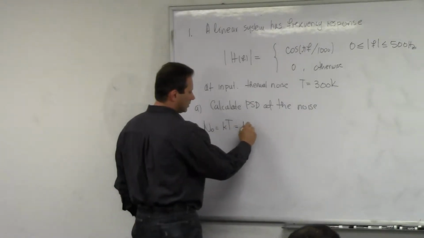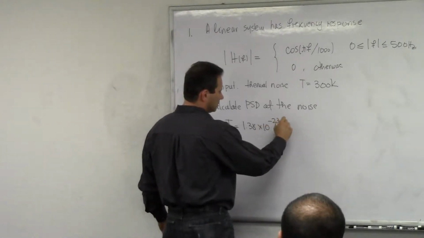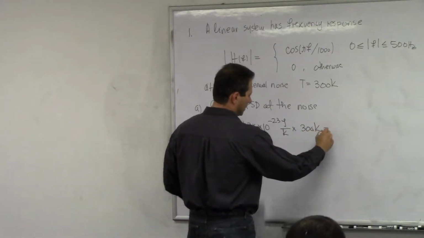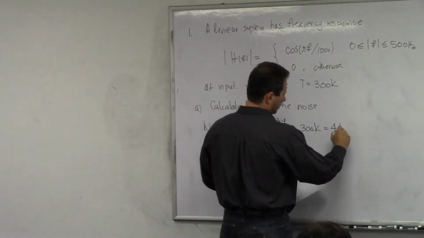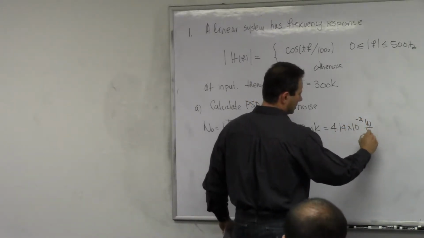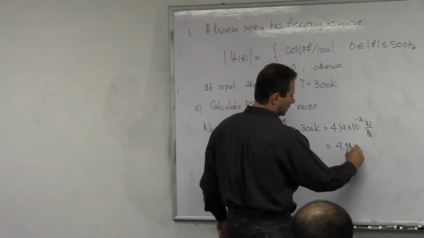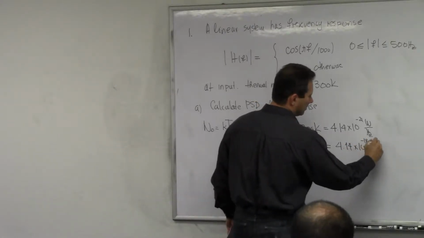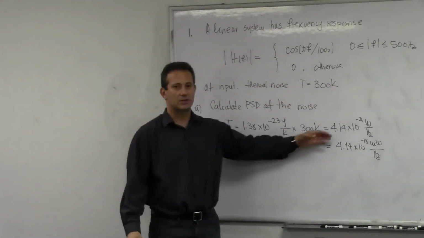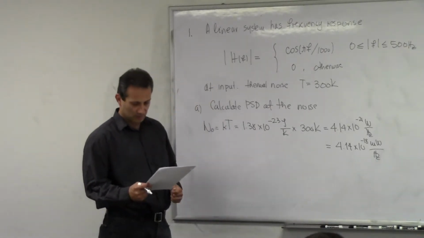So this is 1.38 times 10 to the minus 23 joules per kelvin times the temperature of 300 kelvin, and this ends up being 4.14 times 10 to the minus 21 watts per hertz, or sometimes in the problem we use 4.14 times 10 to the minus 18 milliwatts per hertz. Usually we just round it. We say 4 times 10 to the minus 21, 4 times 10 to the minus 18. Those are the numbers that you should remember.